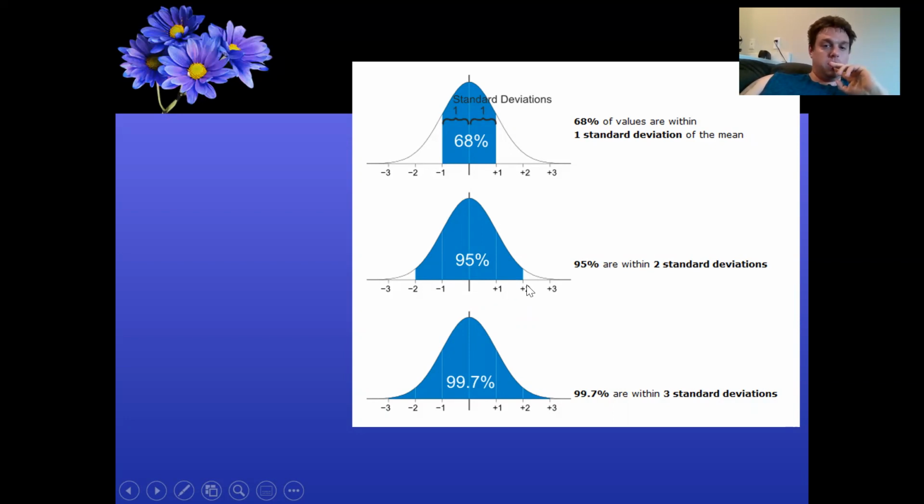So between +2 and -2 standard deviations, above or below the mean, respectively, is going to be 95% of the scores. And then 3 standard deviations is going to be 99.7% of the values falling within that range.